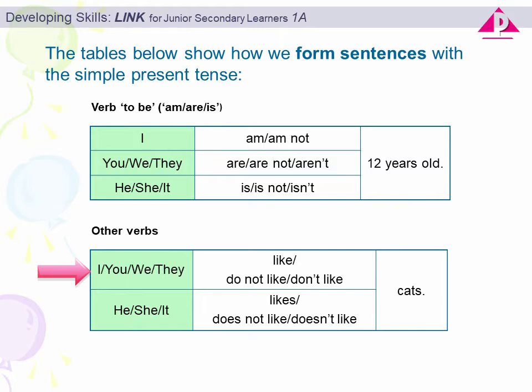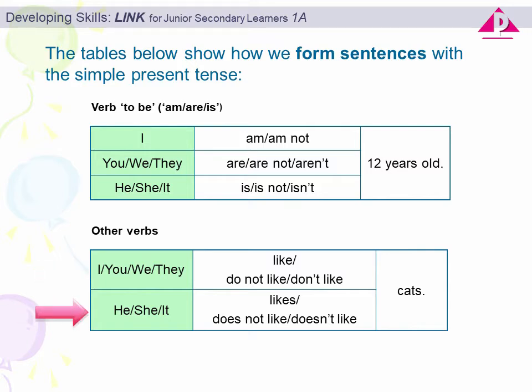I, you, we, or they should be followed by like, or do not like, or don't like, which will form the sentence I, you, we, or they like, or do not like, or don't like cats.